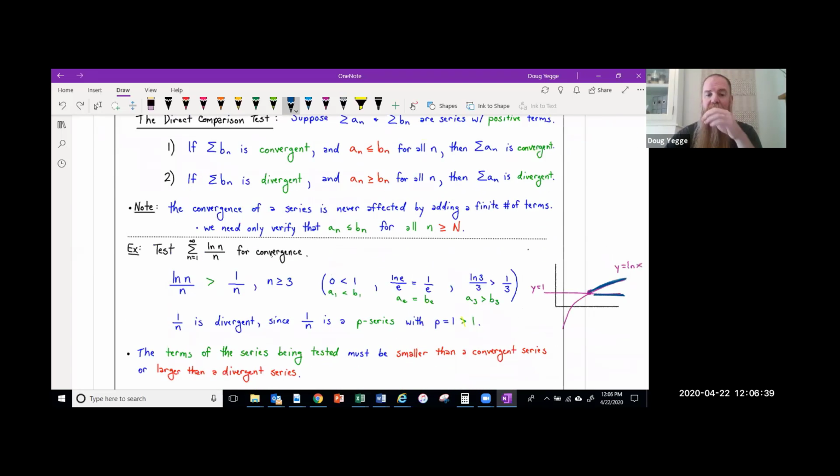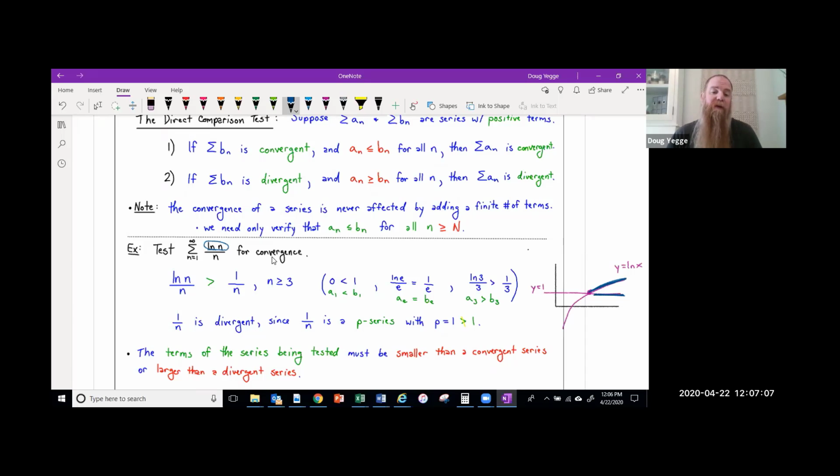Now this one right here, I could see it's got a natural log on top, but I don't know any series that are convergent or divergent by just looking at a natural log. I only know about convergence and divergence of p-series, 1 over n to a power, and geometric series, r to a power.